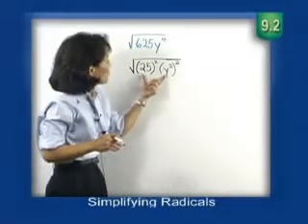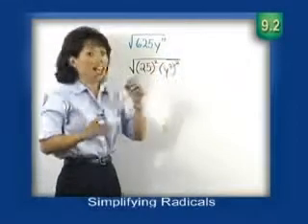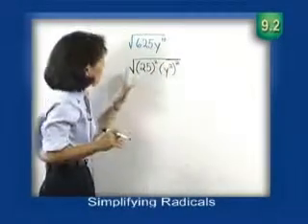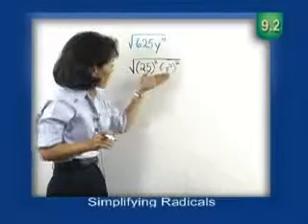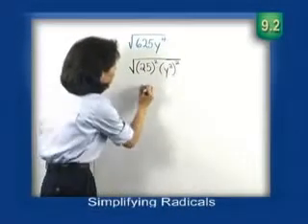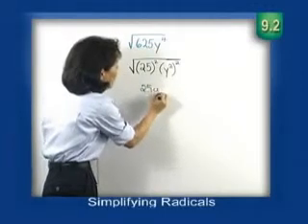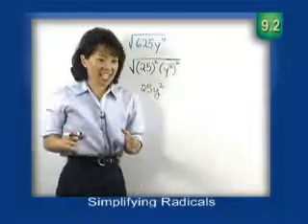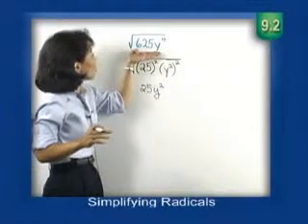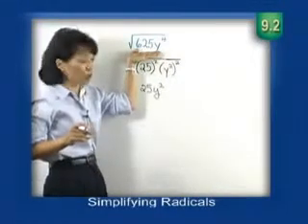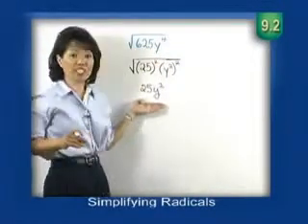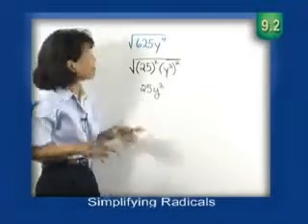Now that we have each of these quantities written as perfect squares, we know the square root symbol allows us to take them outside. So we're going to get 25 and our y squared. So that tells me then that the square root of 625 y to the 4th simplifies to 25y squared.